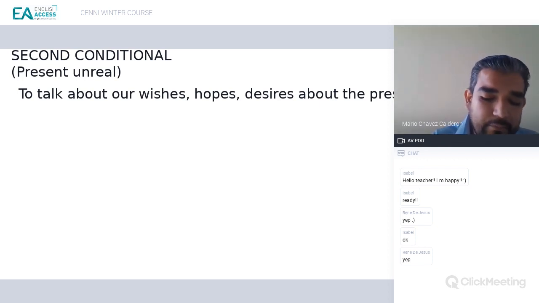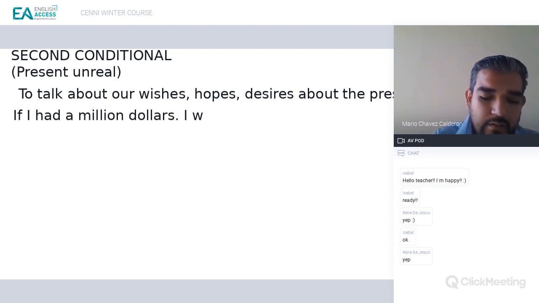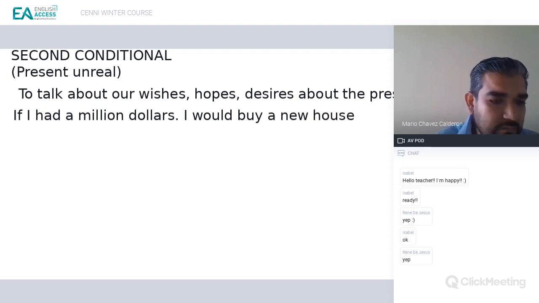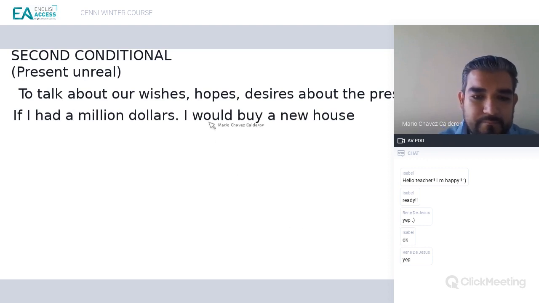Okay? For example, we say, if I had $1 million, I would buy a new house. It should be a comma here.